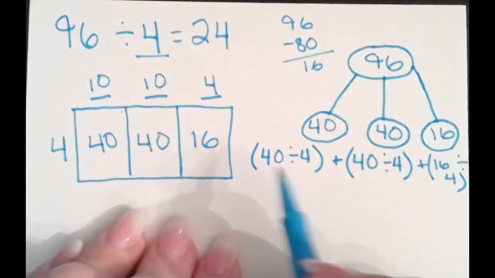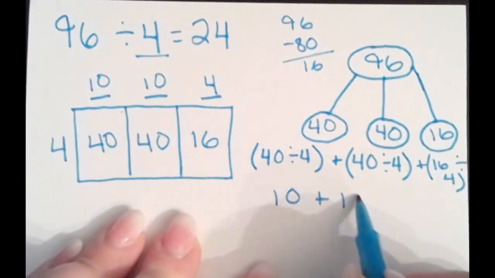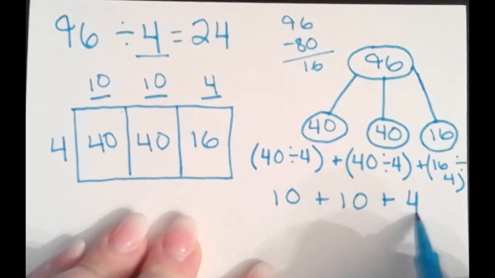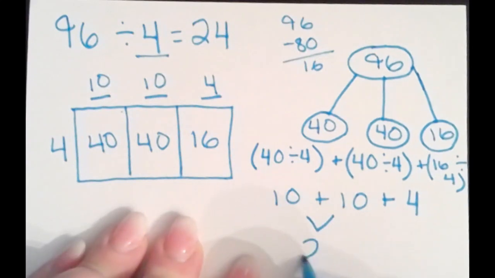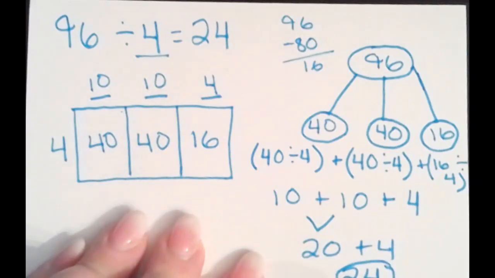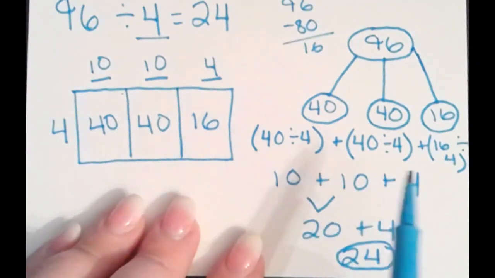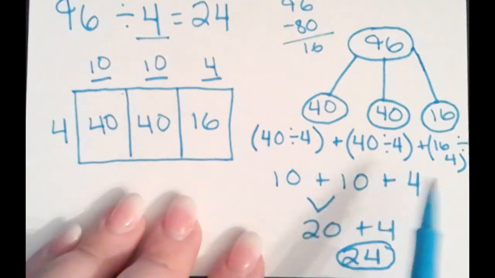Alright, and so 40 divided by 4 was 10, plus another 10, and then 16 divided by 4 was 4. Alright, and 10 plus 10, that's 20, plus 4, and then 24. So my total quotient, out of the screen, is 24. So 40 divided by 4, 40 divided by 4, and 16 divided by 4, those are your partial quotients.